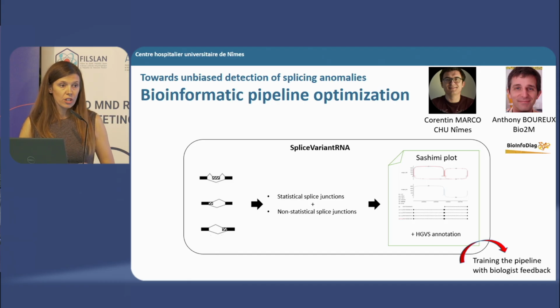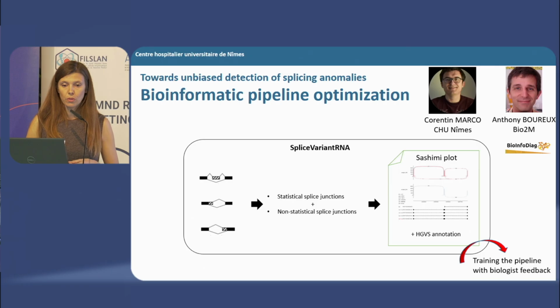One of the big challenges of this project is the optimization of a bioinformatic pipeline. This work is performed by Corentin Marco, who developed a tool which is called splice variant RNA. And he's helped by Dr. Anthony Bourreux in Montpellier, and also the community of bioinformaticians from the different French hospitals, BioInfoDiag, which is a very active community.